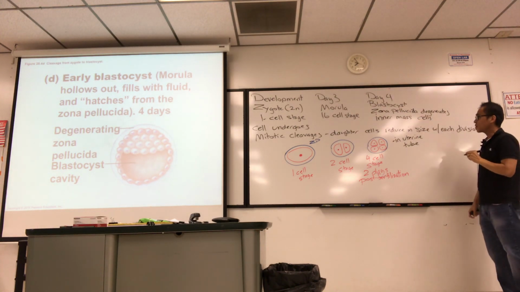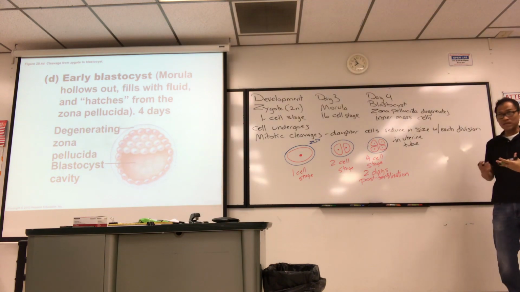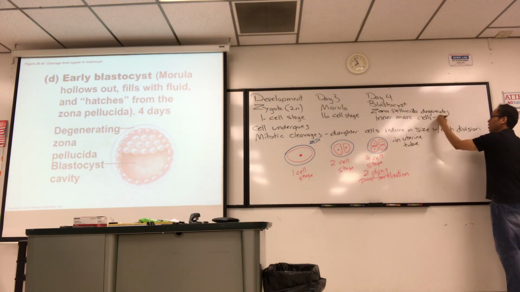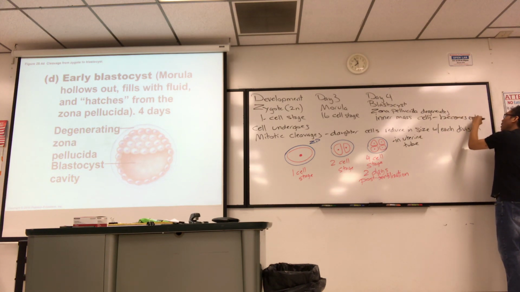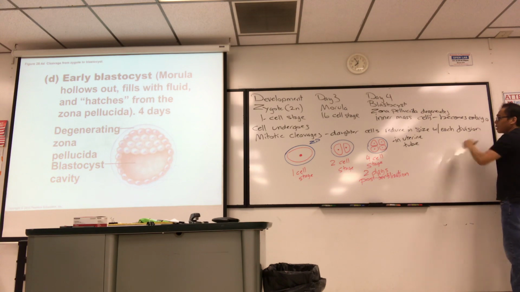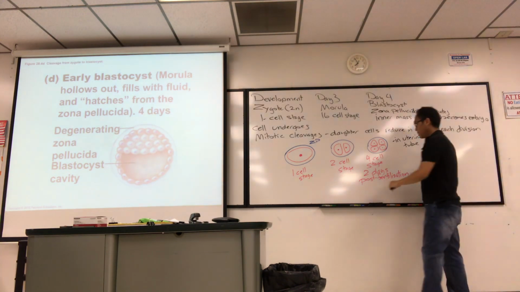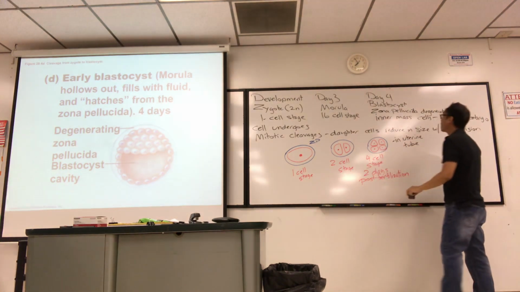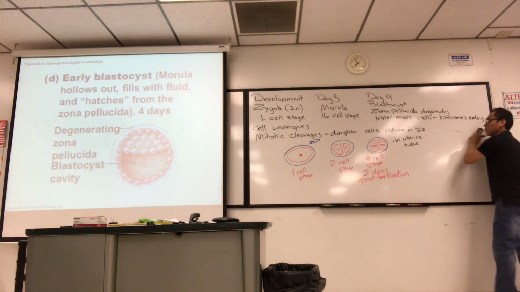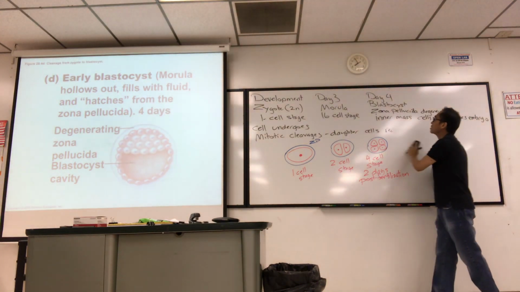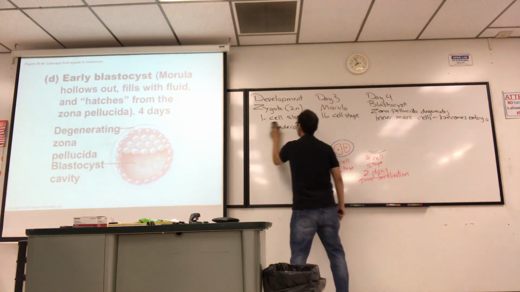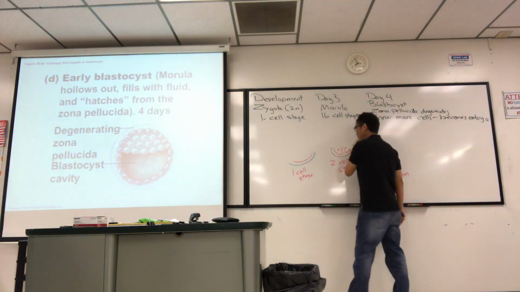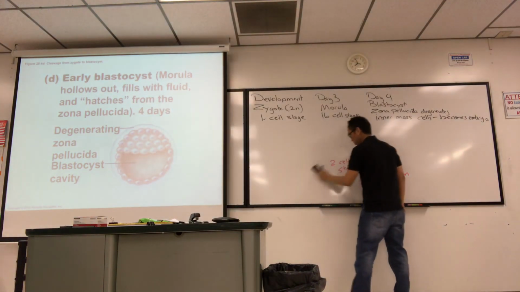What I just said was the inner mass cells, that's the embryo. That will be the baby, the embryo. Becomes embryo. And the cells surrounding it are called trophoblast cells.